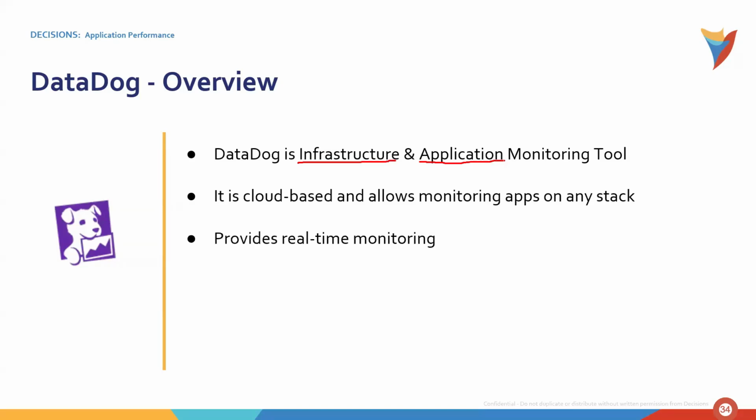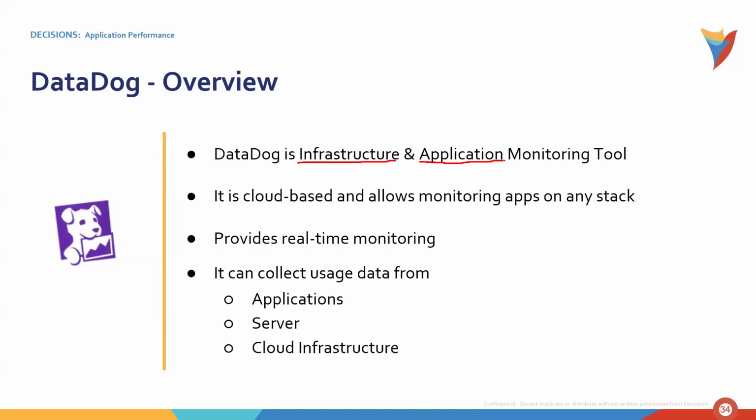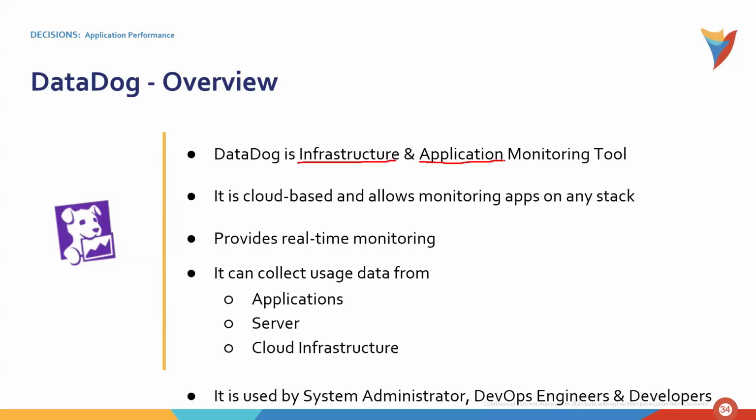It provides you with real-time monitoring on the usage of resources and the status of the infrastructure of your applications. And it can collect that usage data from different applications, servers, the cloud infrastructure.